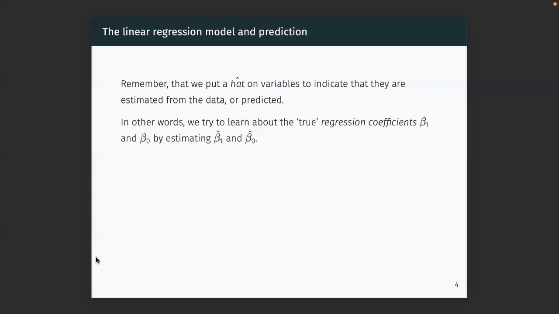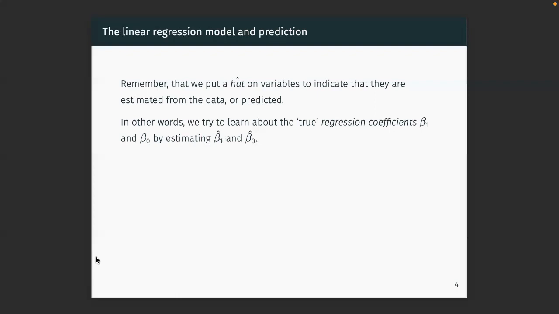And we can use that information to describe how certain we are about our estimates of beta 0 and beta 1. But what we ever actually get is a beta hat 1 and a beta hat 0. Beta 1 is an unknown parameter. We don't know it, but we're going to make a guess about its location from our observed data.